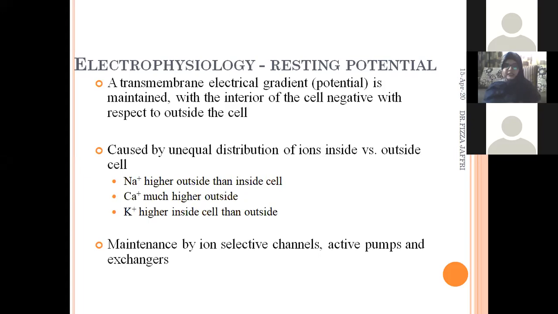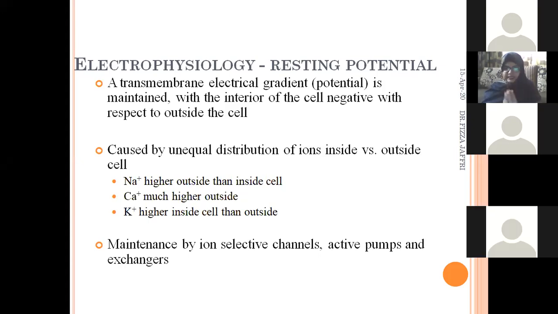Likewise for other cells, cardiac muscles have a resting membrane potential, which is minus 90 millivolts, with the cell being more negative interiorly and positive outside, right?